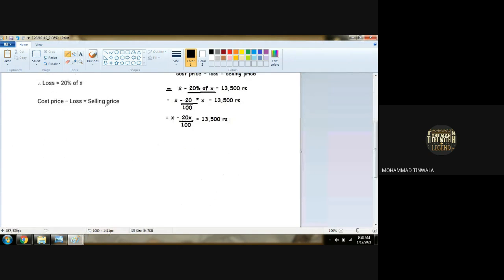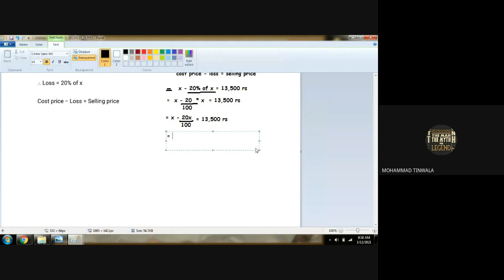In the same way, we have to place here: 100x minus 20x upon the common LCM 100 is equal to 13,500 rupees. Got it?